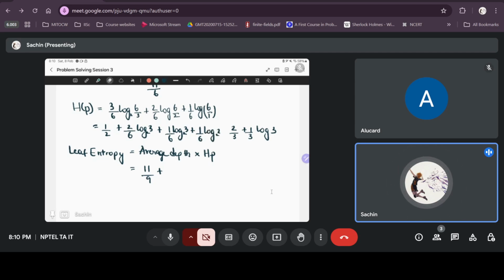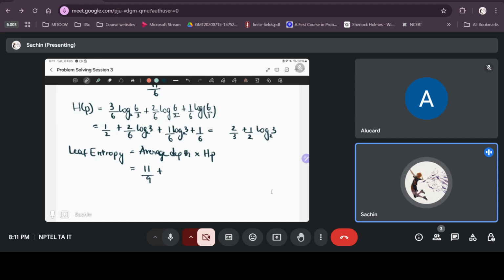But log 2 base 2 is 1. Therefore, it's just 1 over 6. Now 2 over 6 log 3 plus 1 over 6 log 3 is nothing but 3 over 6 log 3, which is half log 3. And half plus 1 over 6 is nothing but 4 over 6, which is 2 thirds.